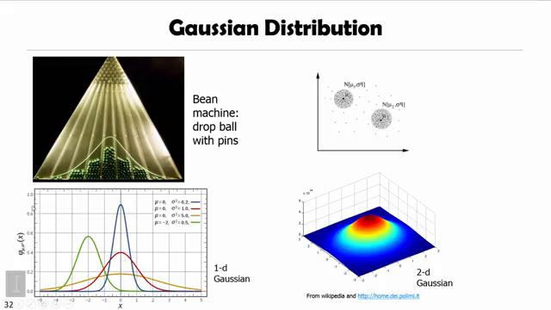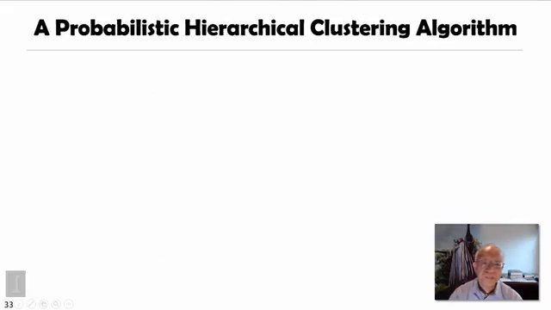For a one-dimensional Gaussian, with different mu, different mean, and different variance, you can see they generate different distributions. A two-dimensional Gaussian may generate a distribution in 3D space, and you can clearly see the distribution of this 2D Gaussian.